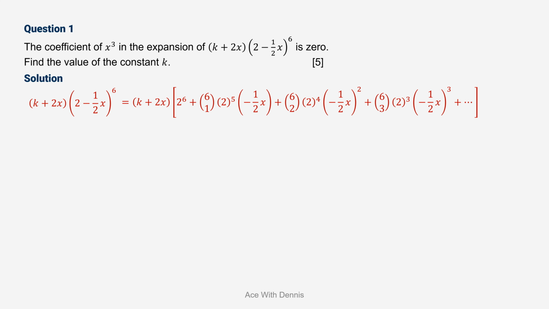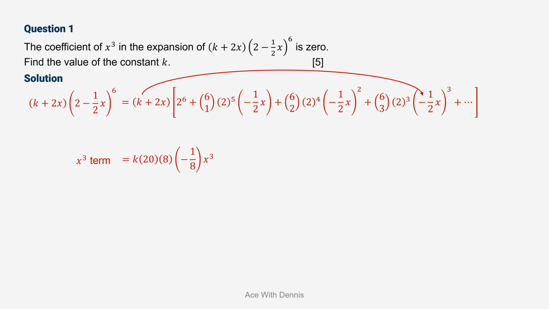We just need to expand the first 3 terms because we just need to find the coefficient of x cubed. So to get the x cubed term, this constant k multiplies with this term to get the x cubed term.